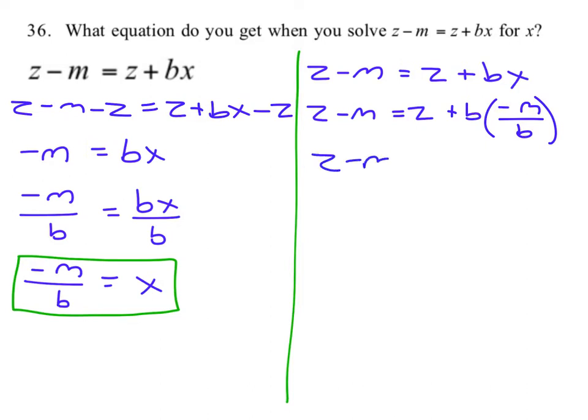So we've got z minus m equals z plus negative m. And essentially that's just z minus m as well. So you've got then z minus m equals z minus m. We've got the same on both sides, and we say check. That's what we want in a proof, is that we get the same result on both sides.